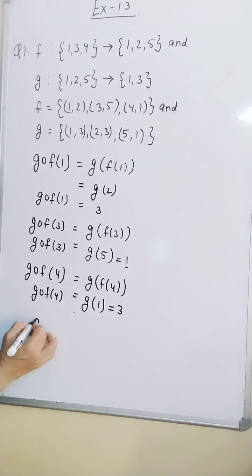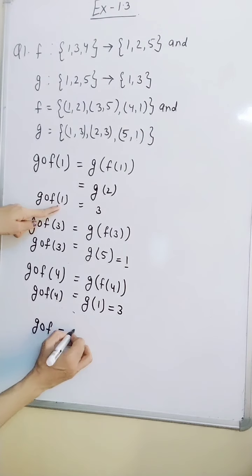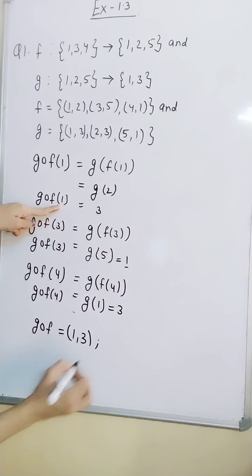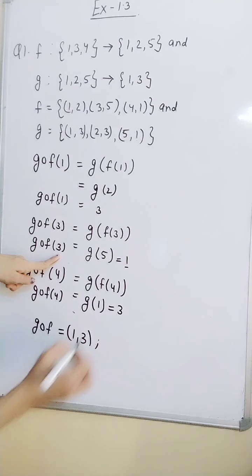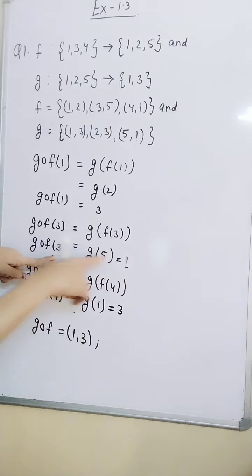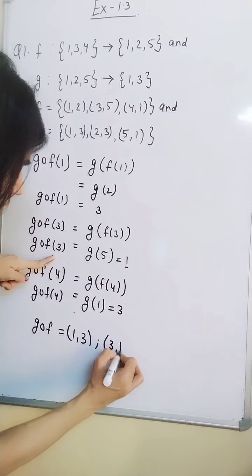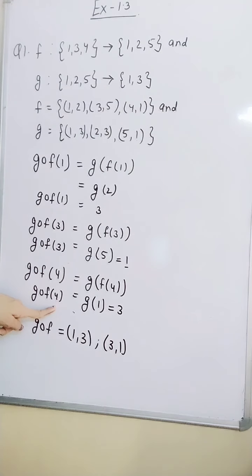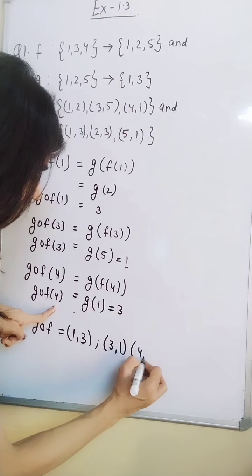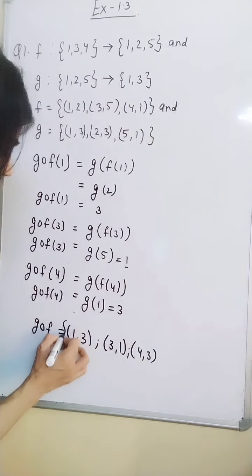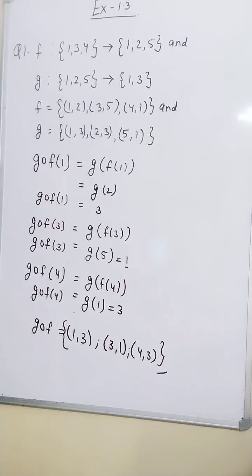So we can write that g o f is equal to (1, 3), (3, 1) and (4, 3). These are the elements of this set. Clear? So this is how we will find the g o f and f o g of any function.